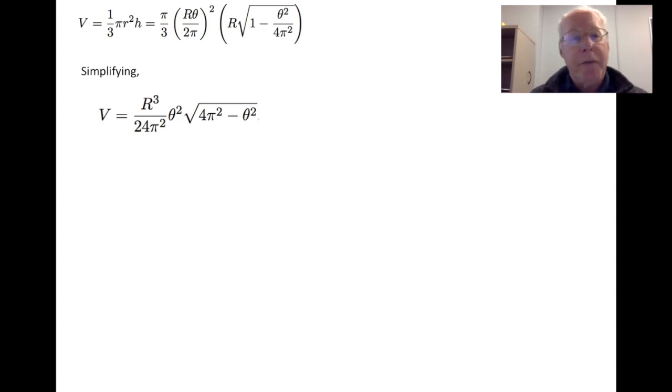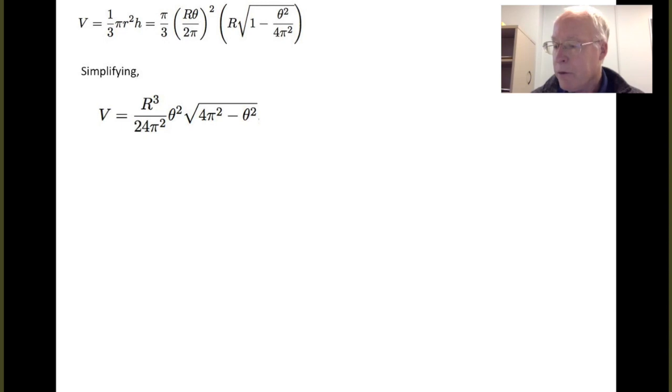So we've just copied the V expression there, and we can do a little algebra on this. What we did here was we just took that square to get R squared theta squared over 4 pi squared, canceled this pi out here with one of the pi's in the denominator, and then finally brought the R's together for R cubed, and then added these fractions under the radical.